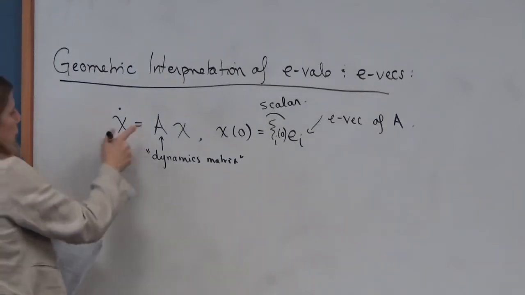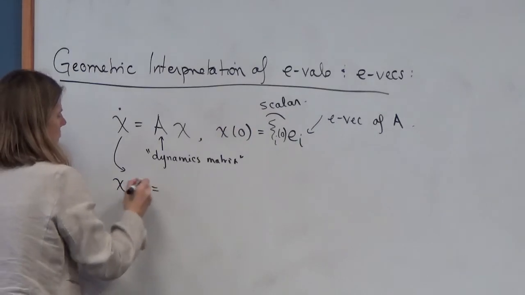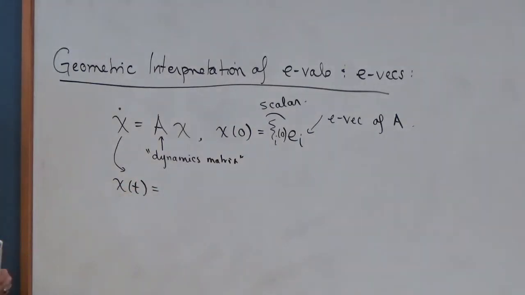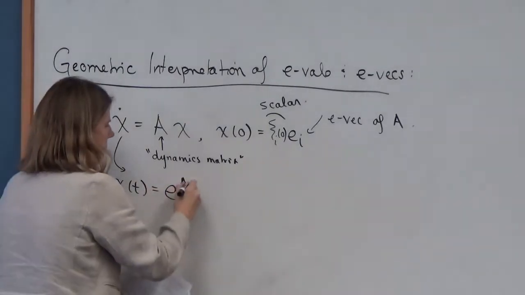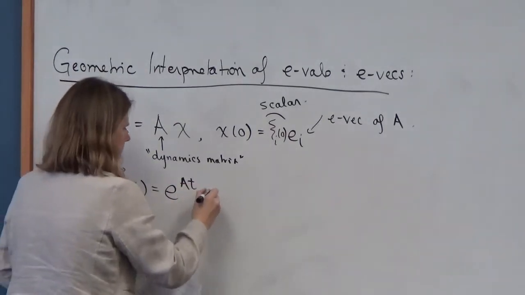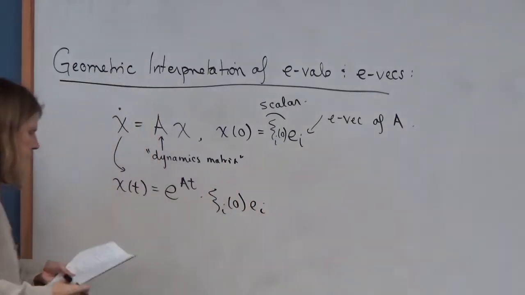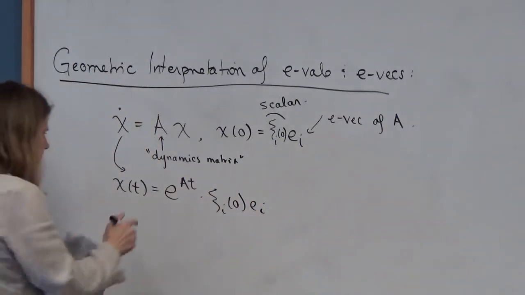And I know what my solution looks like. So in general, what is x at time t? If x dot equals Ax, it is e to the At times x naught, so c_i0 e_i.